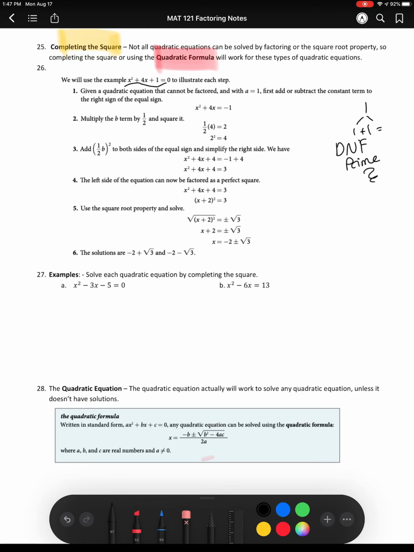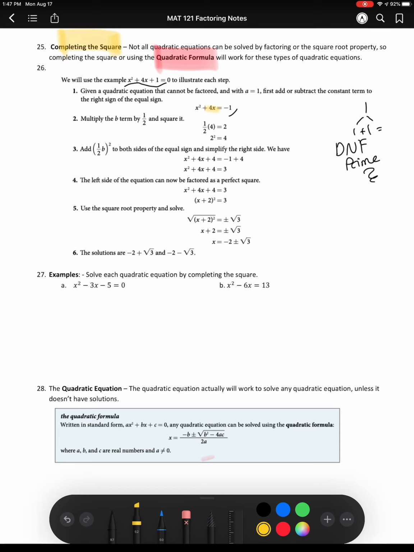So what we do is we add or subtract the constant term to the right side of the equal sign. So that plus 1 gets subtracted, and it's minus 1 on the other side. Then, the most important part of the equation is the x term.